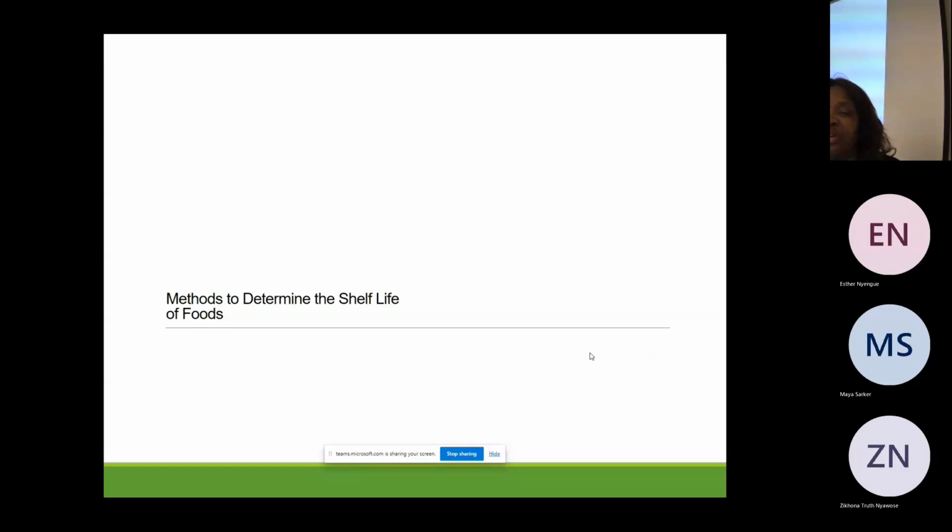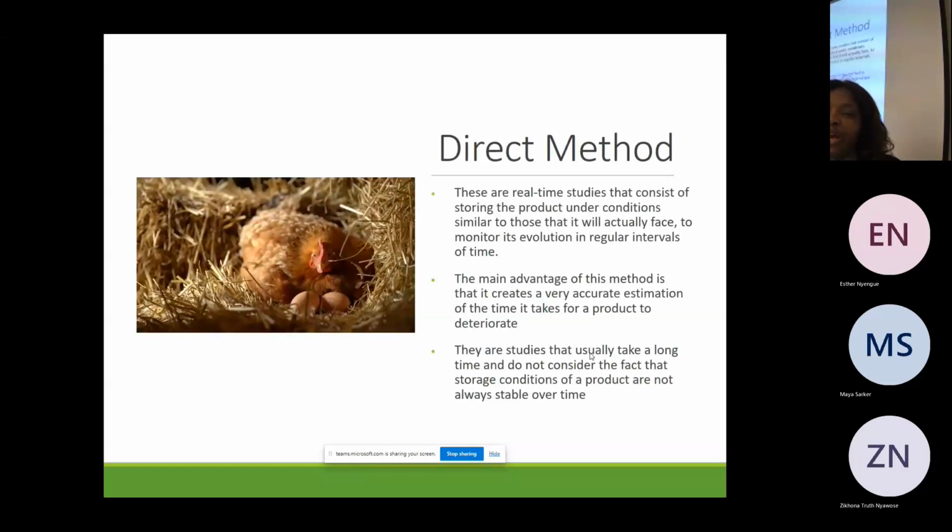So what are the methods that are used to determine shelf life of foods? We tend to have what are called direct methods, right? These are real-time studies that consist of storing the product under conditions similar to those that it will actually face, to monitor its evolution at regular intervals.